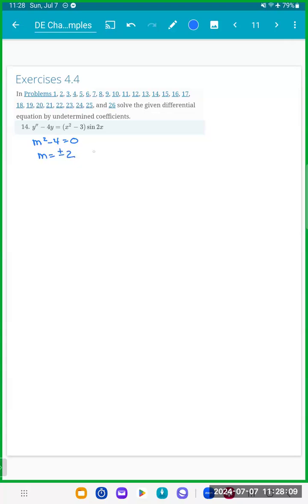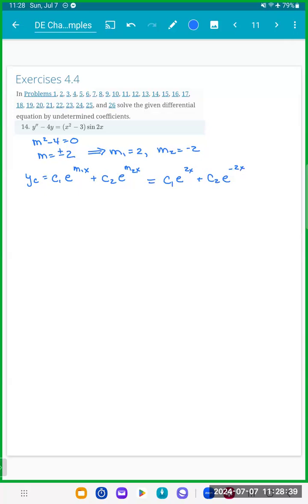So we can say that m1 equals 2 and m2 equals negative 2. Our complementary equation, C1 e to the m1x plus C2 e to the m2x, gives us C1 e to the 2x plus C2 e to the negative 2x.